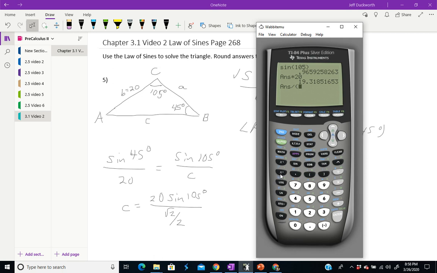So for the square root button, I can just do 2 raised to the 0.5. And we're going to divide that by 2. So our answer rounded to 2 decimal places would be 27.32.